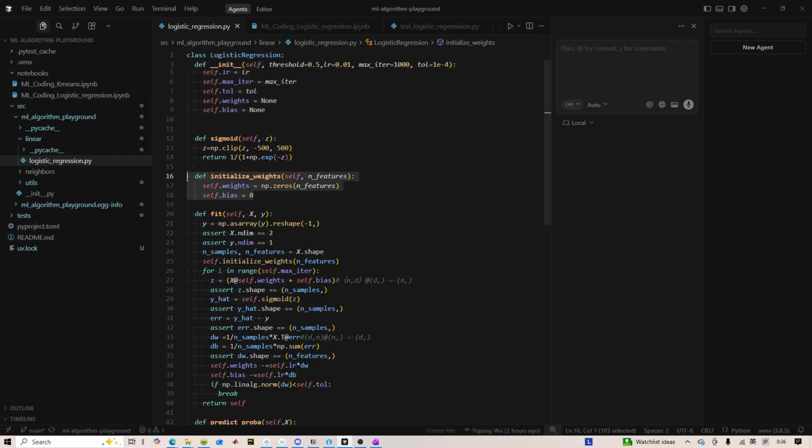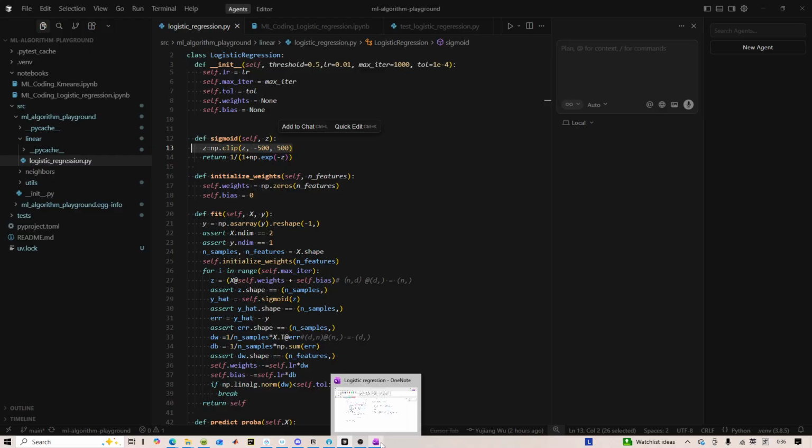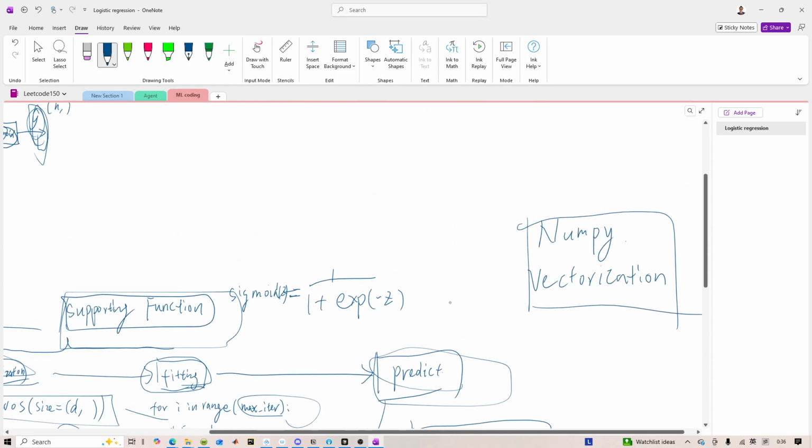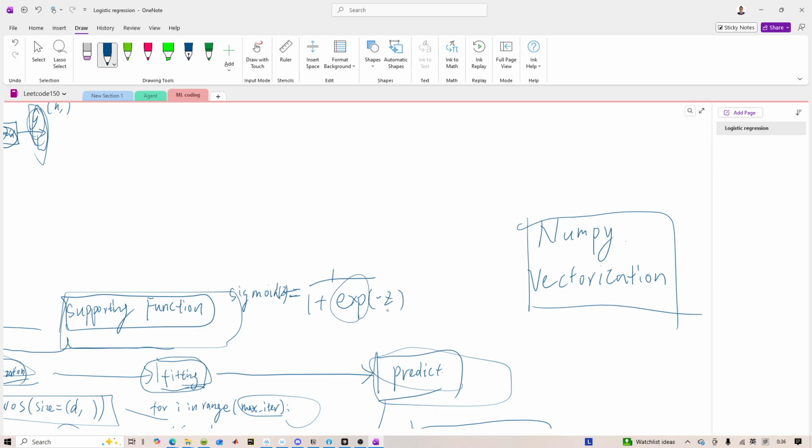And we want to write a supporting function for sigmoid, and there's one trick for implementation. Because the exponential function is something like this, z exponent z, and because we have the negative z, it is essentially the opposite.